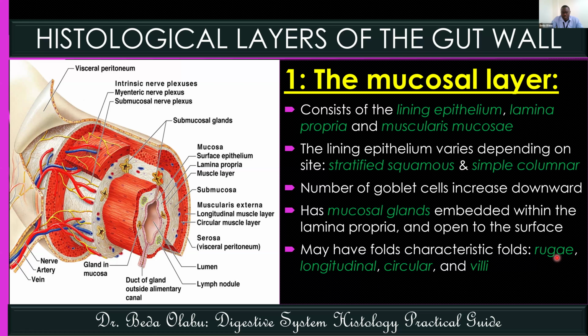In some regions, the folds are longitudinal. What I mean is that they are vertical. They are along the length of the segment in question. In particular, there are two regions which have longitudinal folds. The esophagus has longitudinal folds, and the rectum also has longitudinal folds. How is that important? We can use the presence and orientation of the folds to tell us which region of the GIT we're talking about.